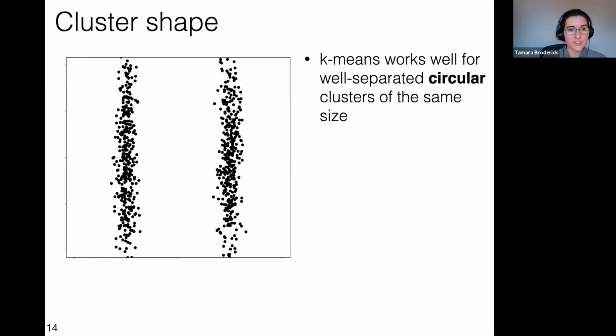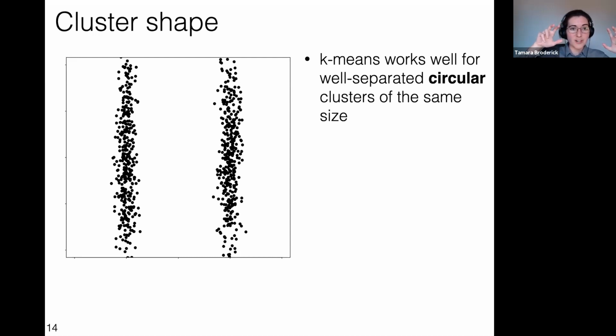Let's talk about circular. Something that we talked about way back in lecture 3, when we were talking about features, is that feature encoding matters. And in particular, the scale of your features matters. So one way that you could create the plot that I have right here is that I could take the original height and weight measurements from way back when I had those two perfect round clusters with the same radius and the same number of data points, and I could just change the scale of the vertical axis.